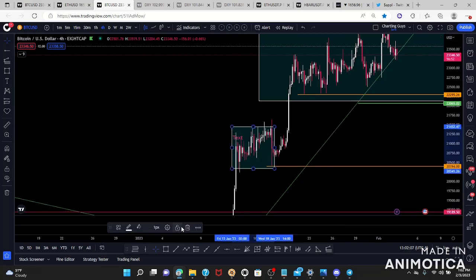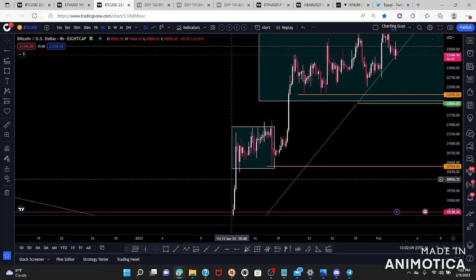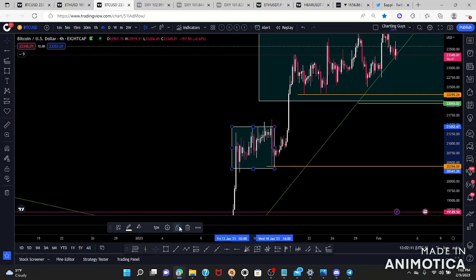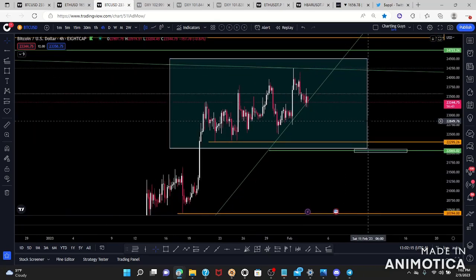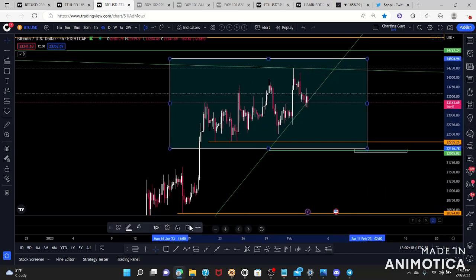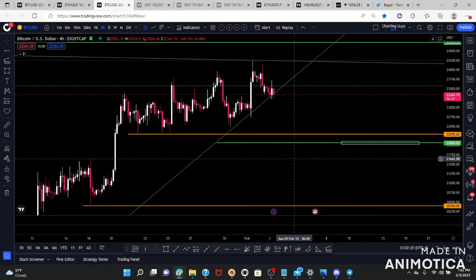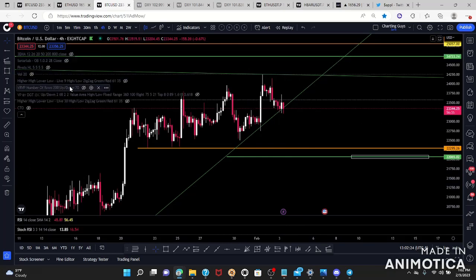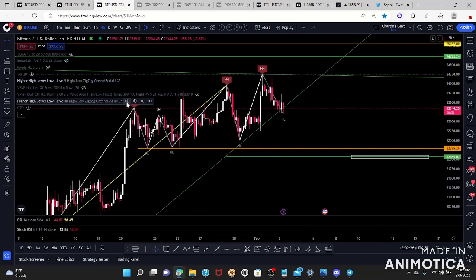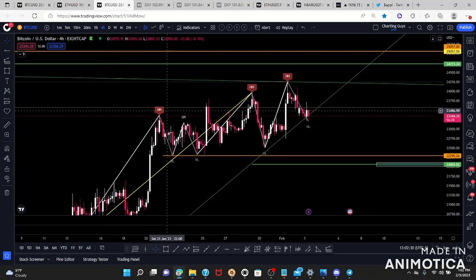Anyhow, so let's go ahead and focus on our contraction phase where price action is playing now. So this is our contraction phase, and this is all we're going to be focused on in the 4 hour. So within the 4 hour, you want to turn on your indicator, your higher high, lower low indicator, and I like to turn it on because it gives me a good view where, again, my trend lines are going to be placed.